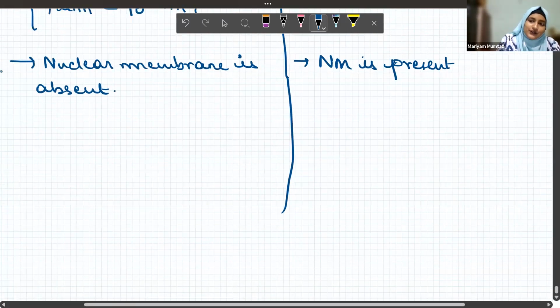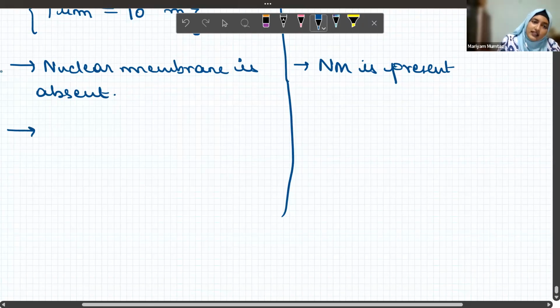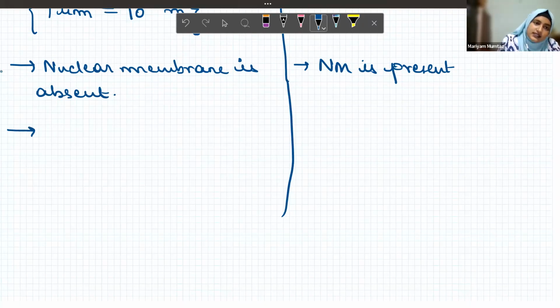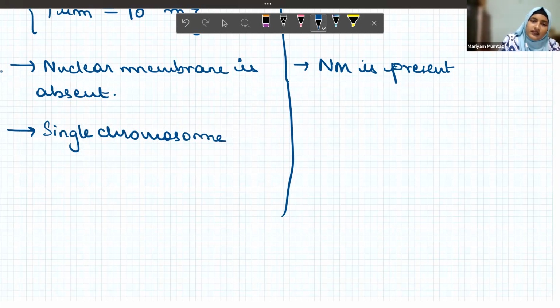Another difference is that in the prokaryotic cell, a single chromosome is present. Only a single chromosome is present.